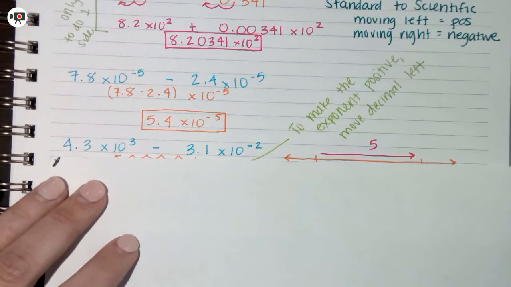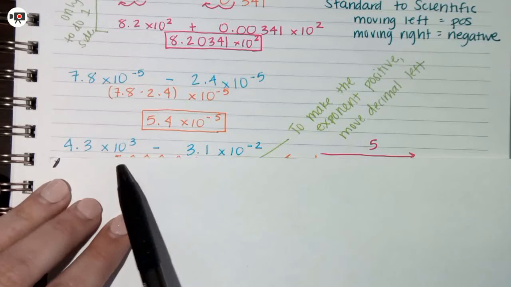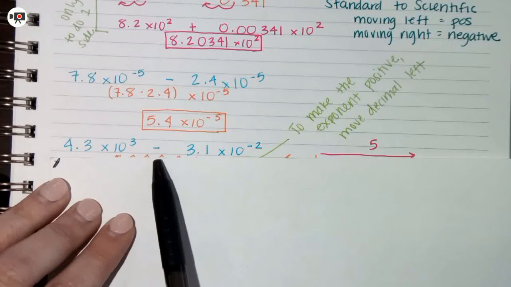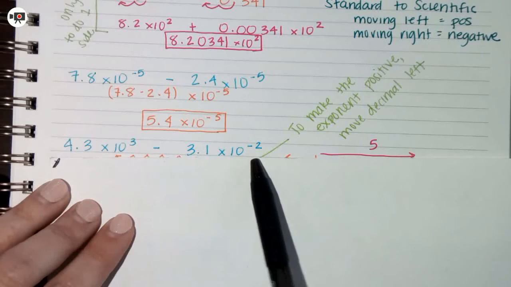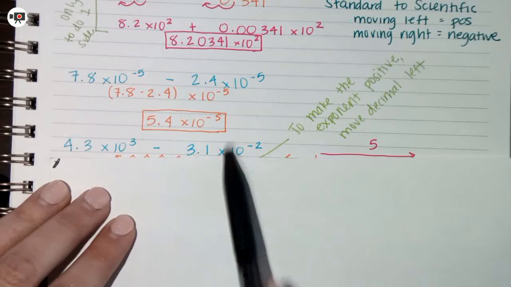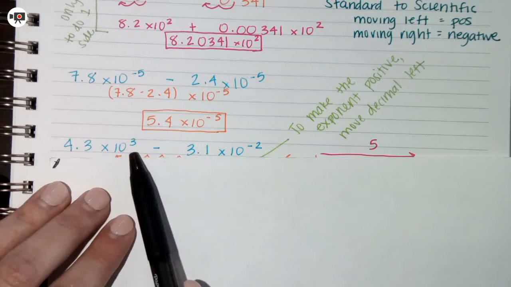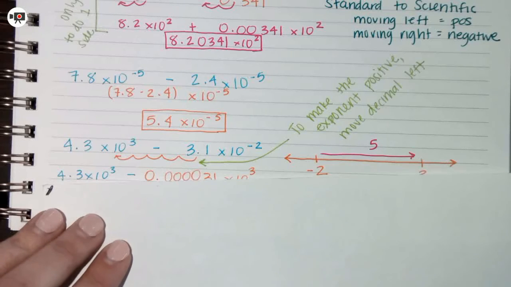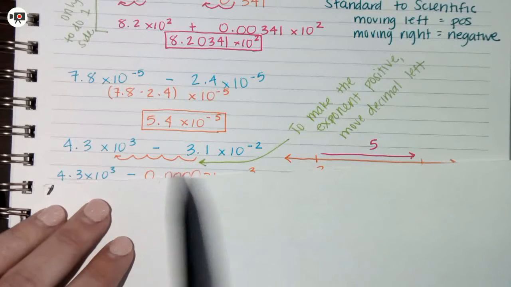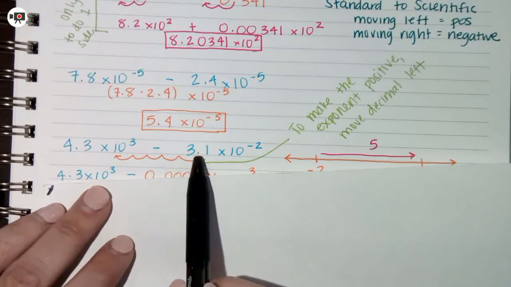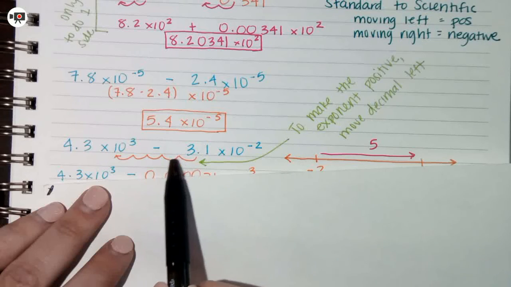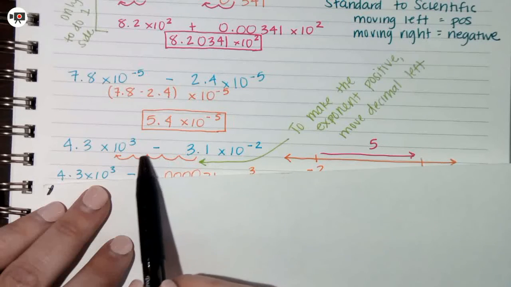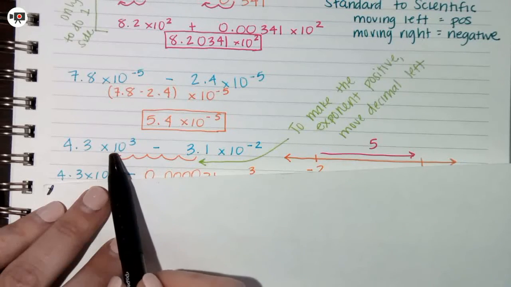Alright. Now if I have 4.3 times 10 to the third minus 3.1 times 10 to the negative 2. I'm going to make this exponent positive, so I'm going to put it in terms of 10 to the third power. So to do that, I'm going to move my decimal. This would make it negative 1, 0, positive 1, positive 2, positive 3.